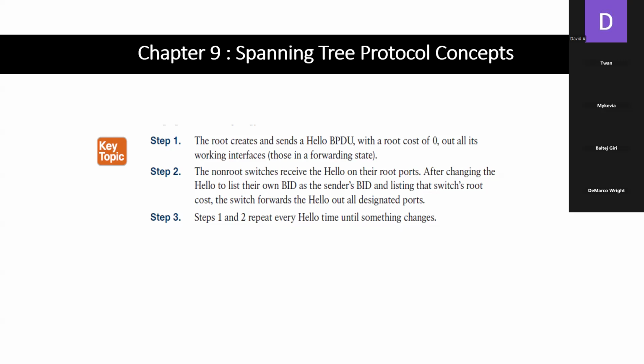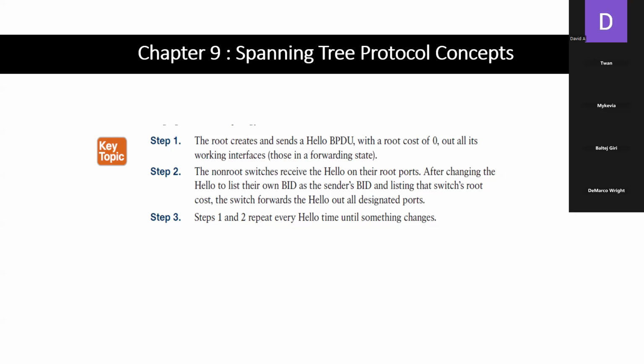If you're looking at the screen, you will see the key topic. This is basically what I went over and what you have to remember. In the working state, step one, the root creates and sends a hello BPDU with a root cost of 0 out of all of its working interfaces that are in a forwarding state.